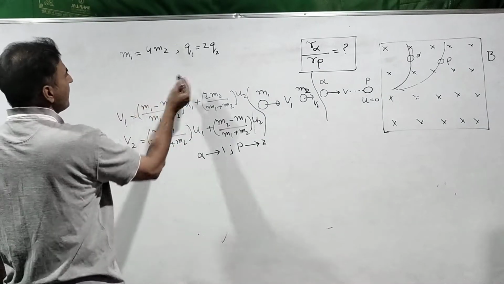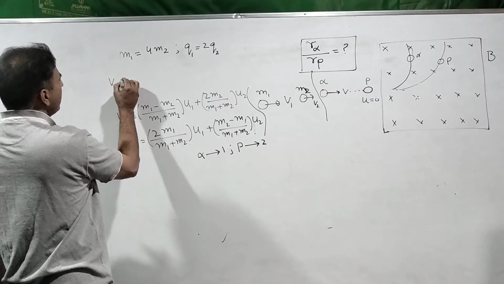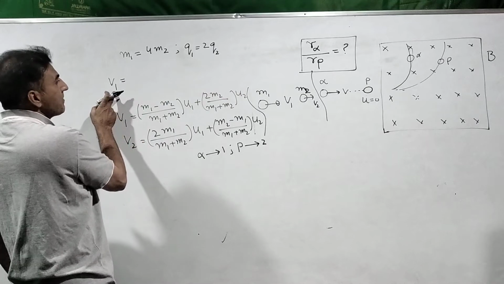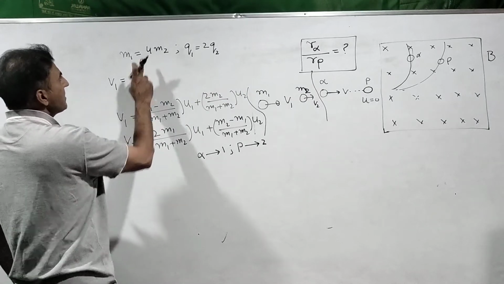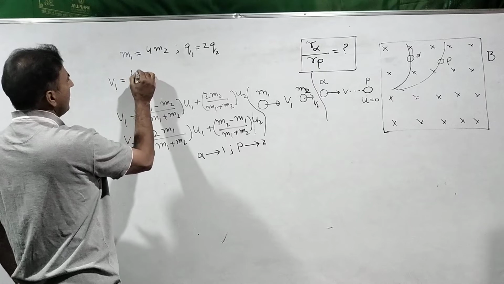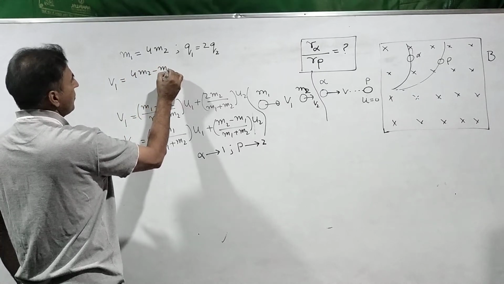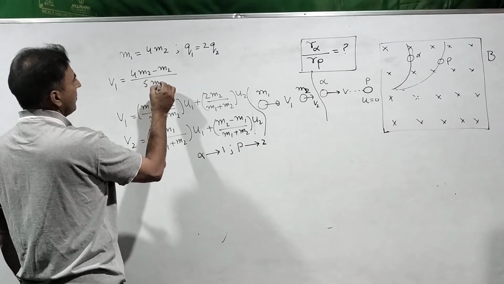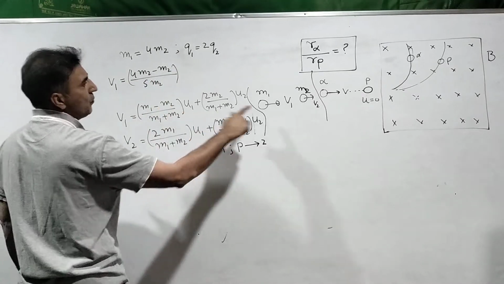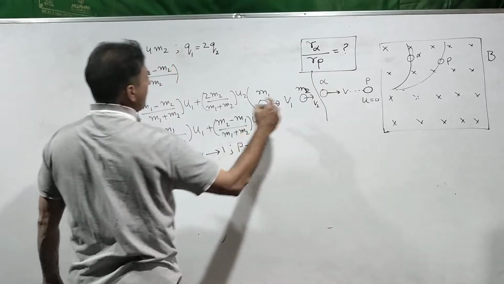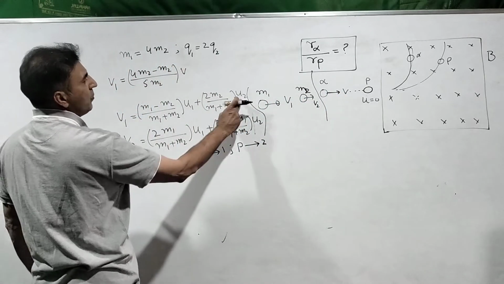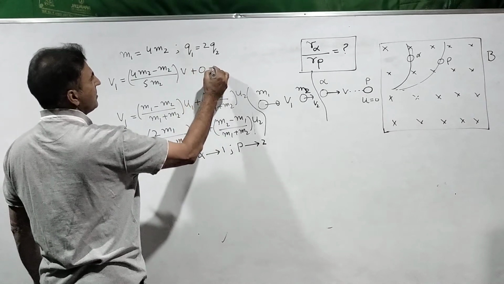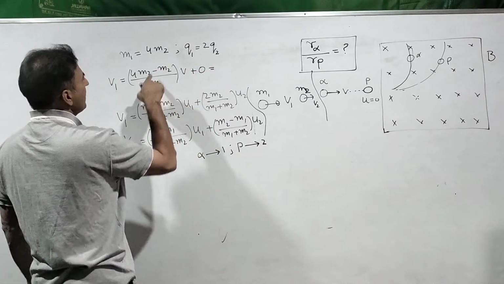Okay, what is v1 by this rule? v1 is the velocity of the alpha particle after the collision. m1 is 4m2, minus m2, divided by 5m2, into u1. But u1 is v, and u2 is 0, so we don't need to write that term. So it is 3m2 by 5m2, and m2 cancels.